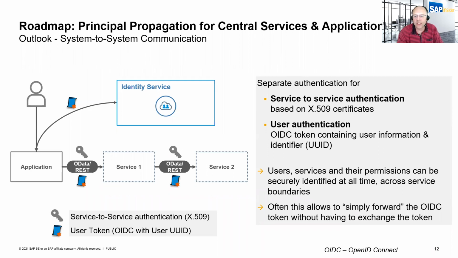And that's why we are working on, and this here is really a roadmap outlook, future functionality, to offer a capability so that the application can receive an authentication token that can be reused across such a communication chain in a secure way. So that in this example, service 2 can trust a token that was issued from the identity service for the application at the very beginning.